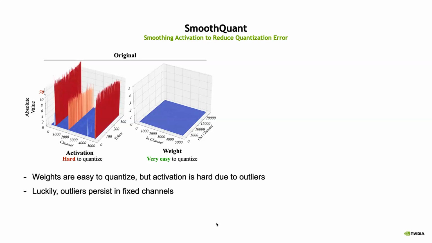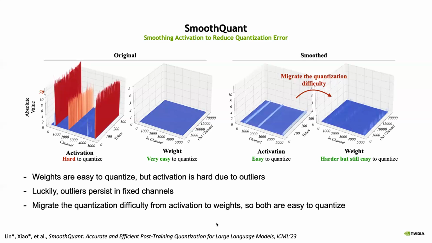If you look at the vertical axis there, one lucky spot is that we observe the outliers conform to the same channels, which means they oftentimes exist in the same part, where we can just rescale them. This is the approach recently proposed by colleagues at MIT, called SmoothQuant.